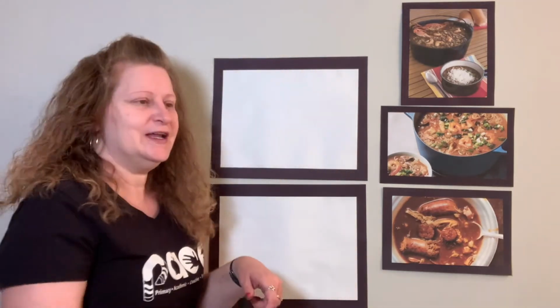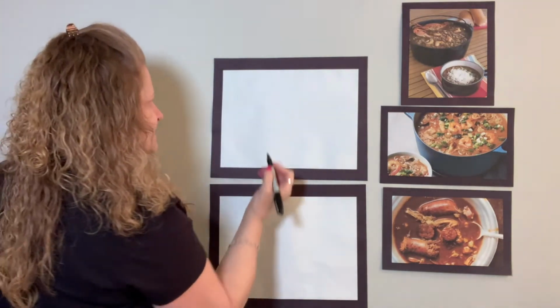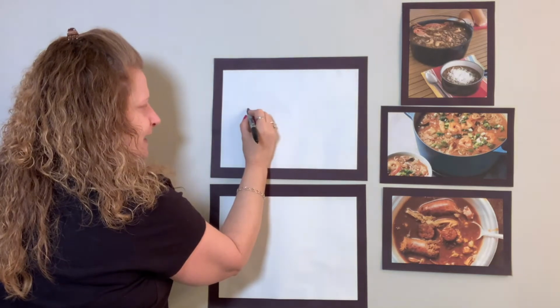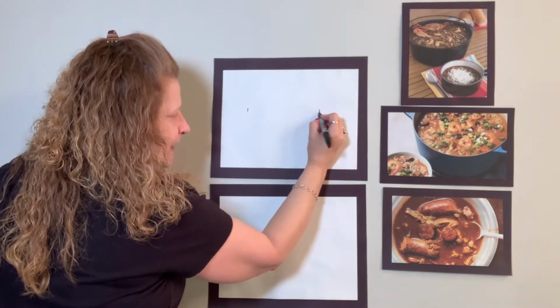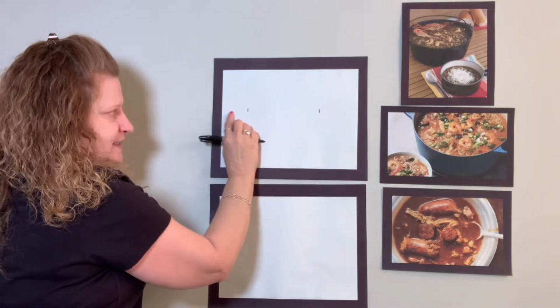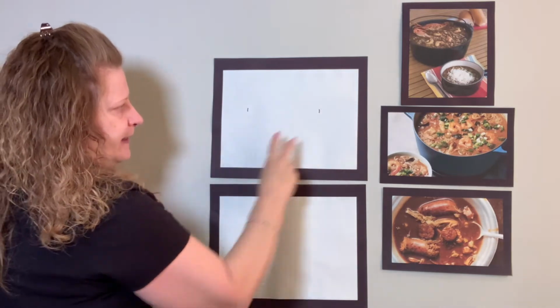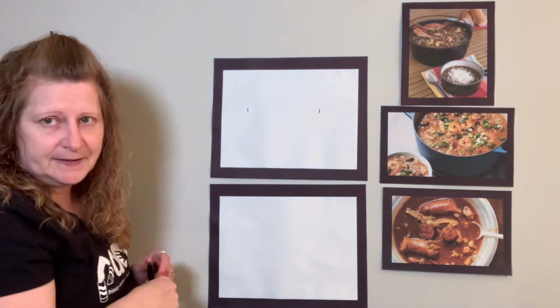So let's get started. I have my marker, and I want to draw my pot. So what I'm going to do is start about right here on my paper. And I'm going to put another little line here. So I put one line on this side and one line on this side, noticing that I left about this much space on each side.